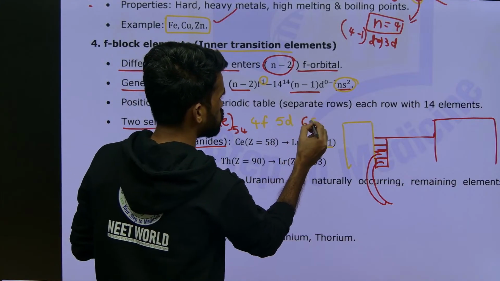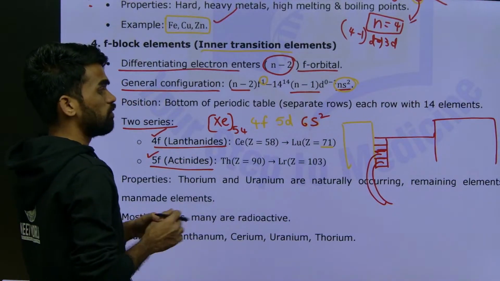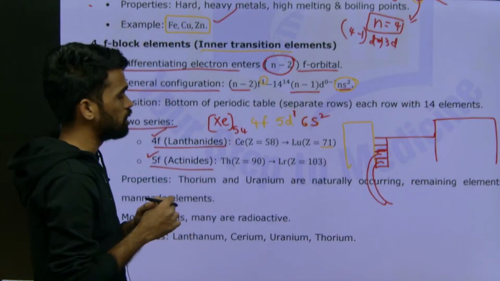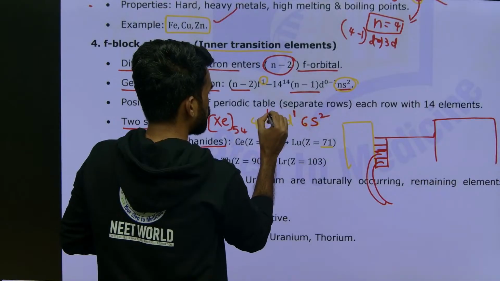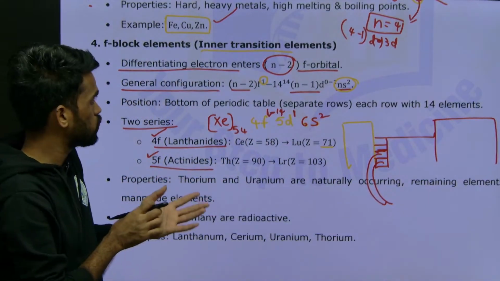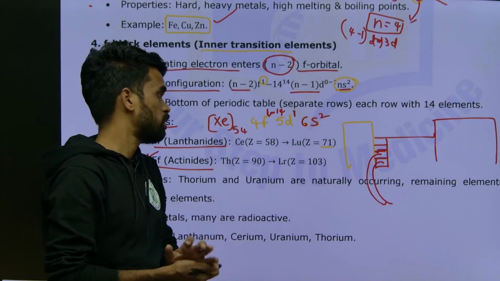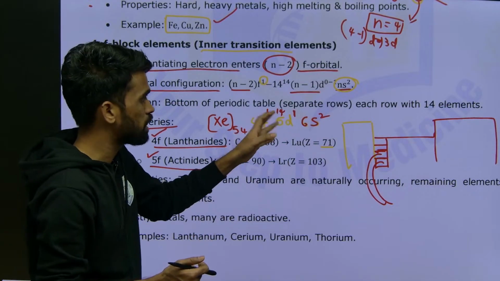Electrons first go to the 6s orbital, so 2 electrons will be filled. After that, for lanthanum, it might have 1 electron here, and then the next electrons come into the f orbital, varying from 1 to 14. It can have 1 electron, 2 electrons, 3 electrons, depending on which lanthanide element it is.